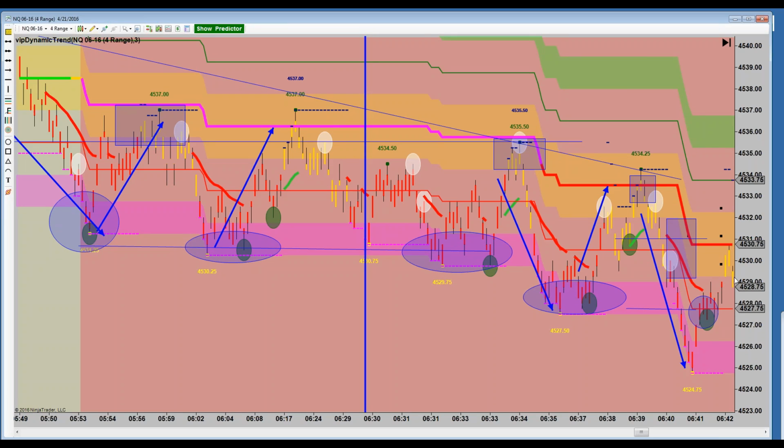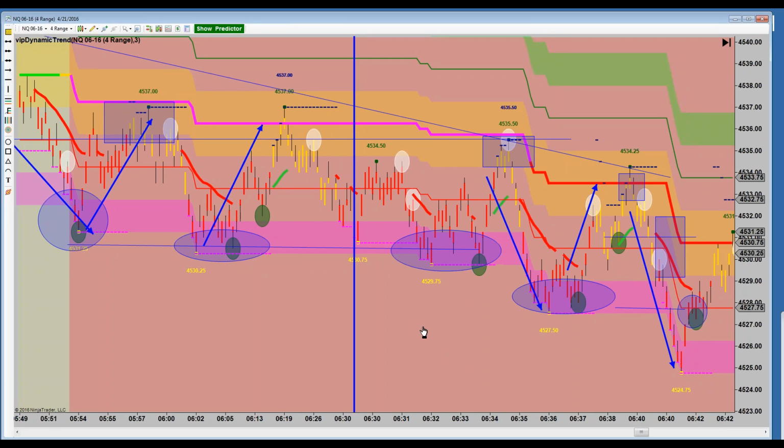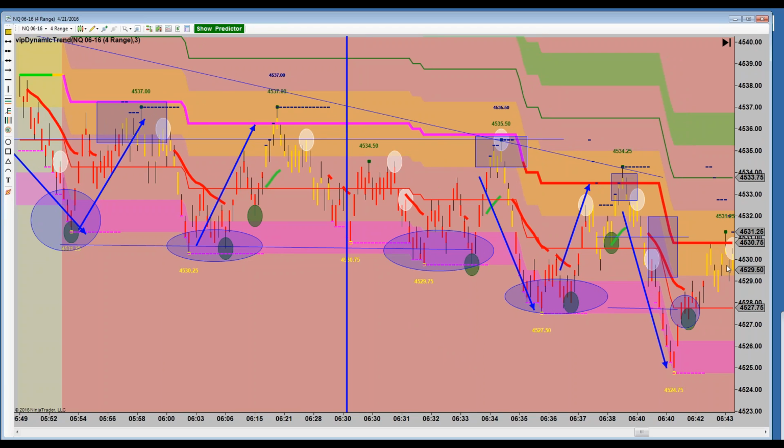There's 1, 2, 3. How about now? I'll give you some more time to look at it. How about this one right here? How about that bar? Where are these bars located that are happening right here, these yellow bars? Where are the bars located right now on this retracement right here?